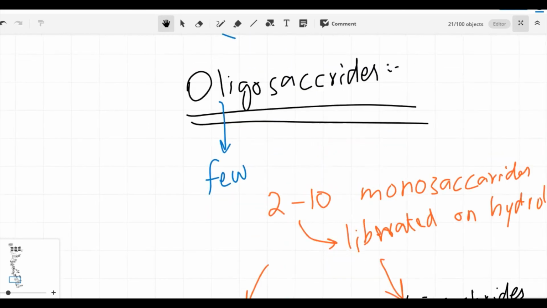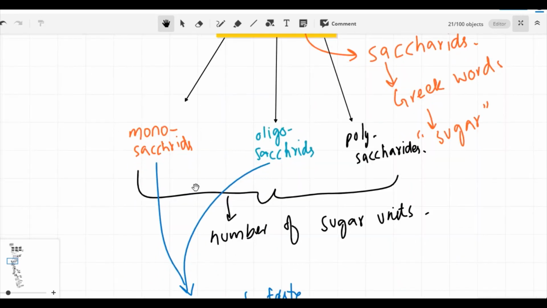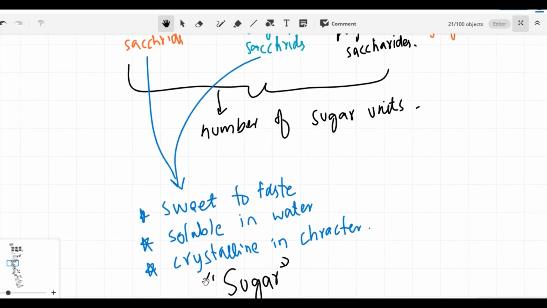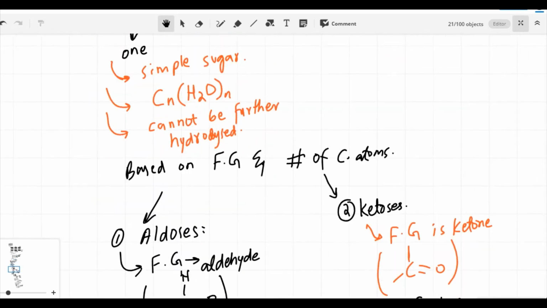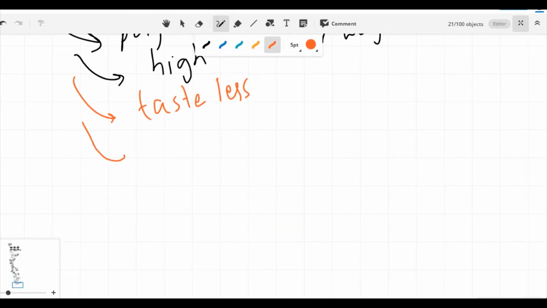because as we discussed earlier, monosaccharides and oligosaccharides are sweet to taste, soluble in water and crystalline in character. In the case of polysaccharides, they are tasteless, non-sugar, and form colloids with water; they are not soluble in water.